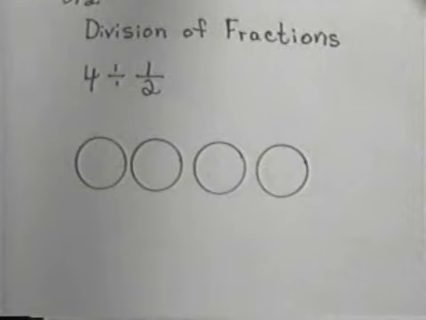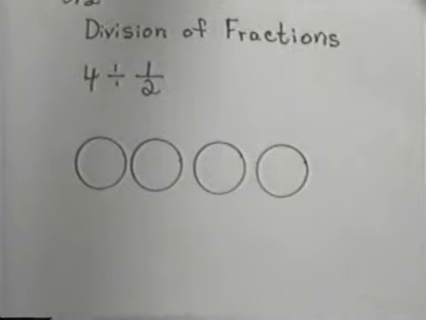Now let's leave our multiplication for a moment and do some division with fractions. The first problem I want to think about is 4 divided by 1/2. Now I can actually show you a picture of what it means to take 4 and divide it by 1/2. What I've done is I've drawn 4 circles to represent my 4.